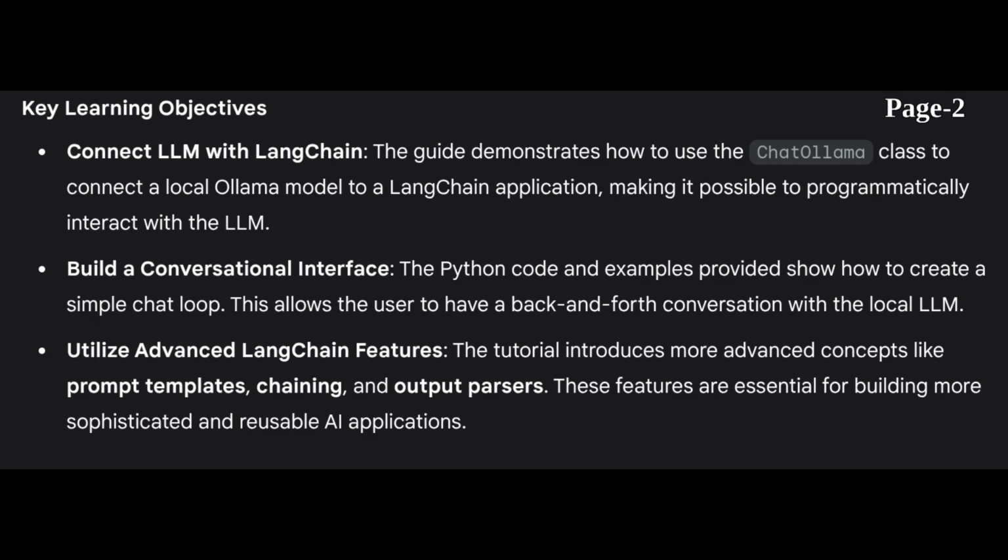This allows the user to have a back-and-forth conversation with the local LLM. Utilize advanced LangChain features. The tutorial introduces more advanced concepts like prompt templates, chaining, and output parsers. These features are essential for building more sophisticated and reusable AI applications.